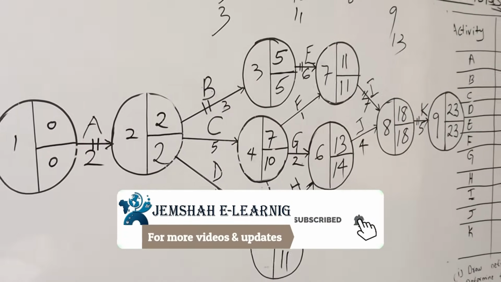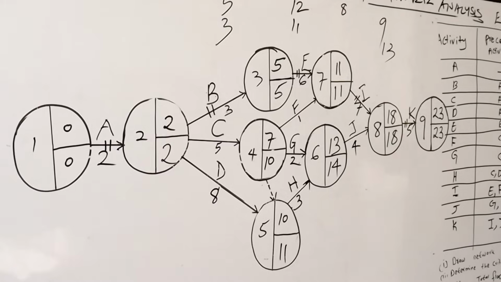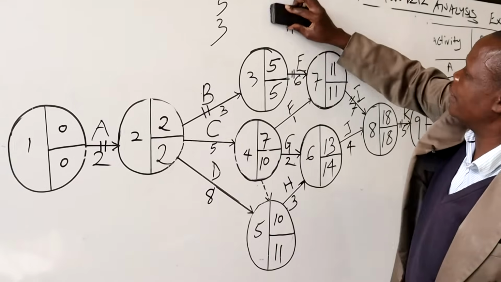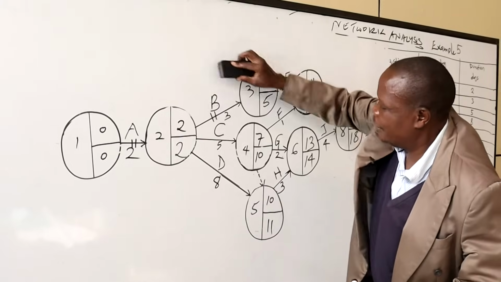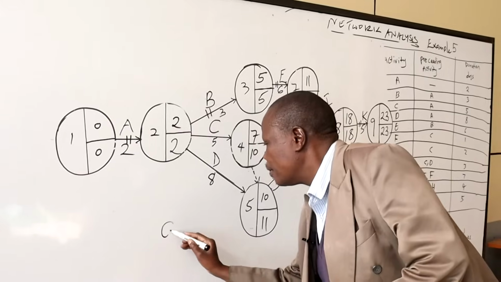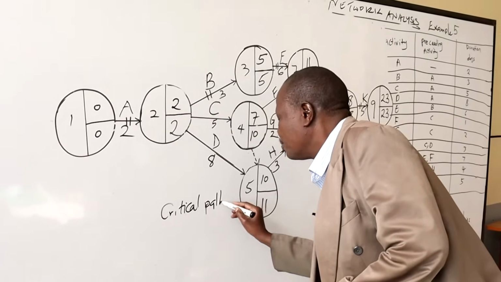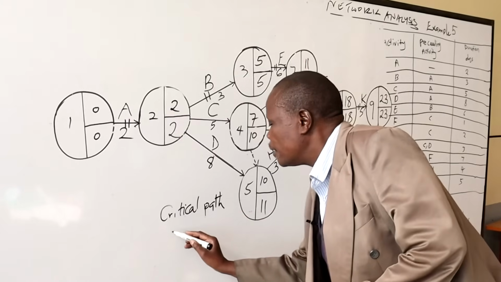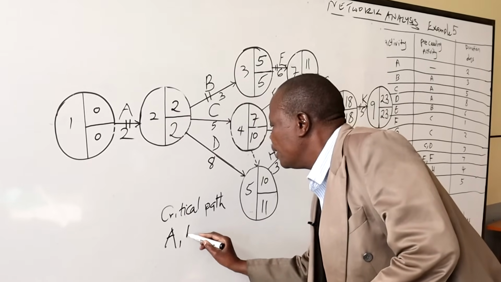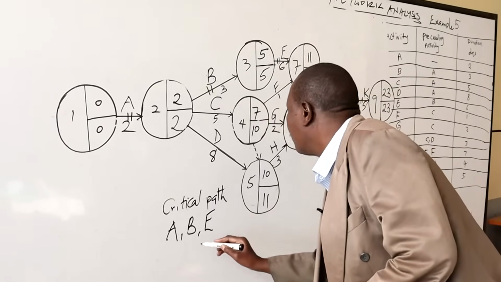Then what we do now is we can write the critical path of that project. It is A, B, E, I, and K. These are the activities which represent the critical path.